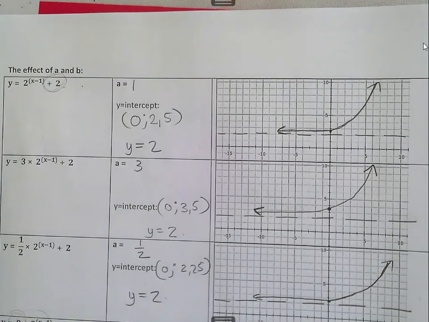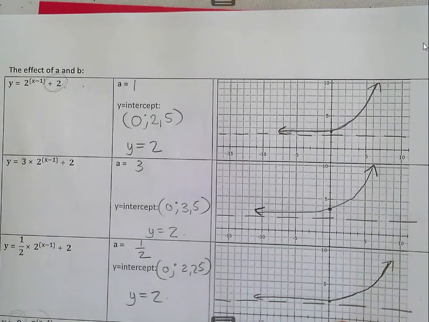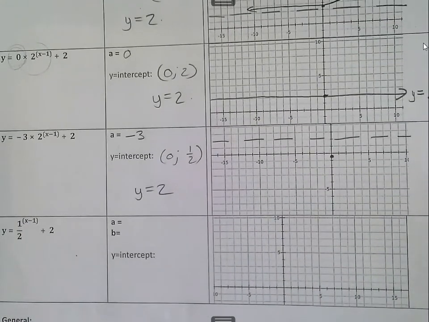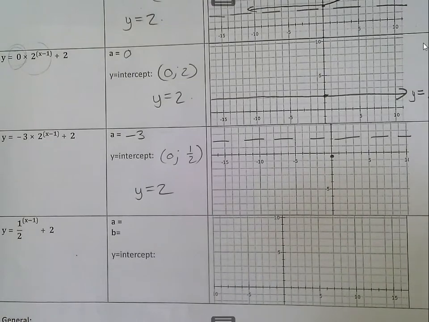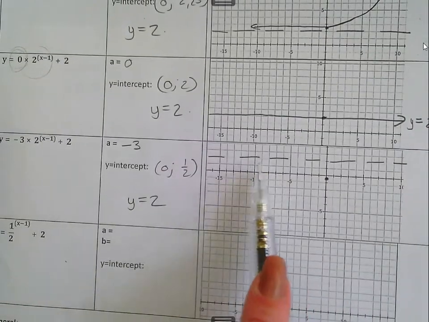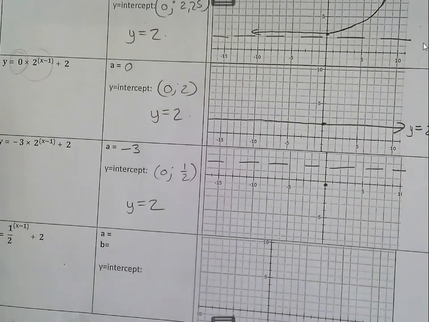But if I reflect it here, can you see it's going to cut the x-axis? Now whenever a graph cuts the x or the y axis, we have to write it down. We have to show it. So because I can see that it is definitely going to cut the x-axis, I'm going to calculate it.